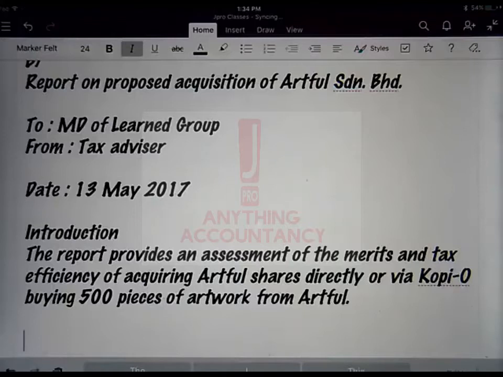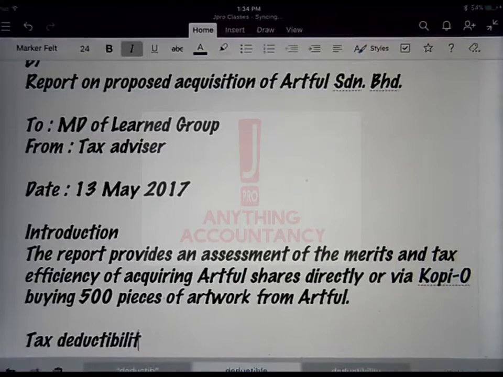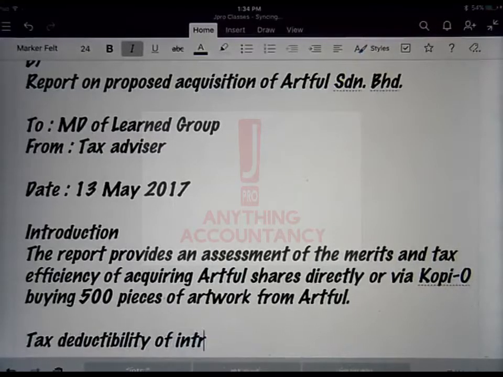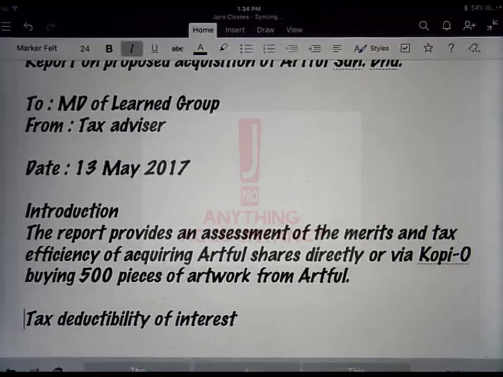Okay, the first one is what? Interest, right? Tax deductibility of interest.